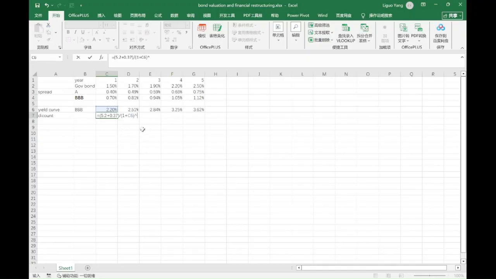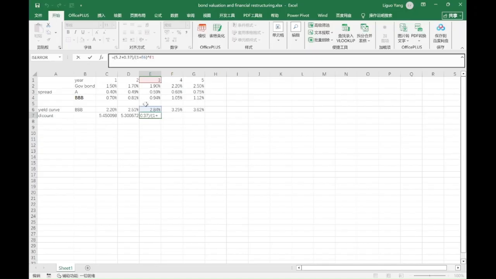Pay attention to the calculation I'm doing. Okay, good. We were told that the current bond will be redeemed in 3 years, so at the end of the 3rd year, it should be like this.